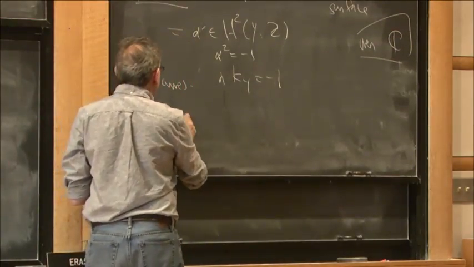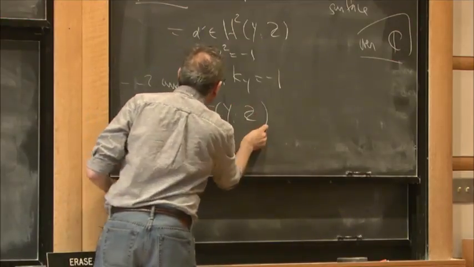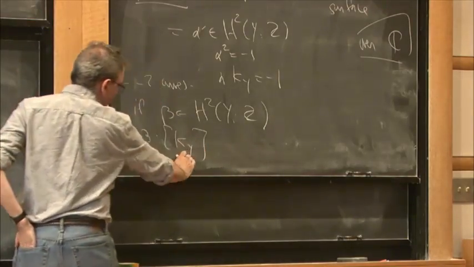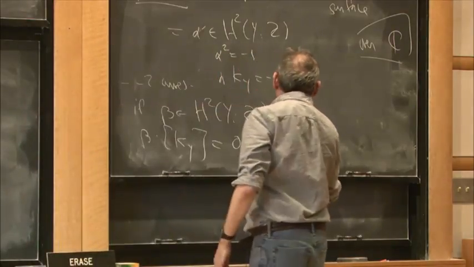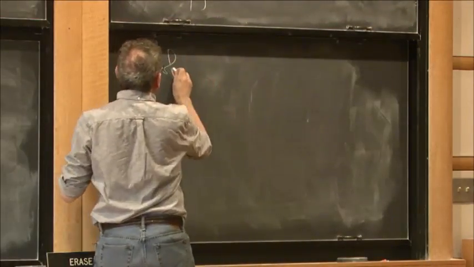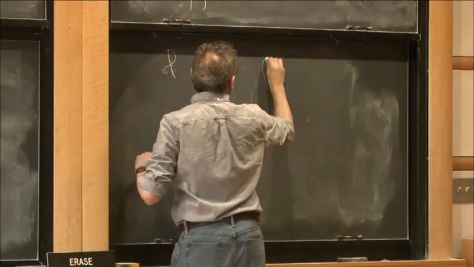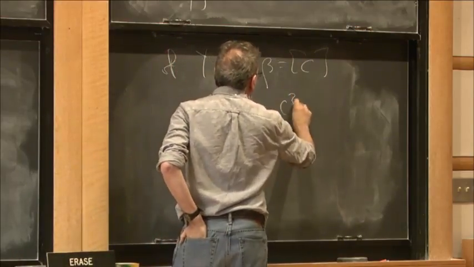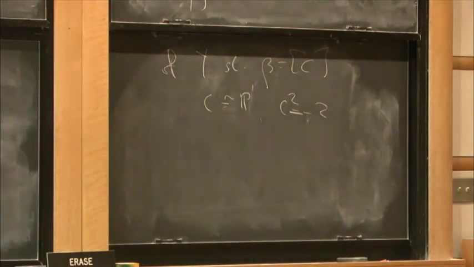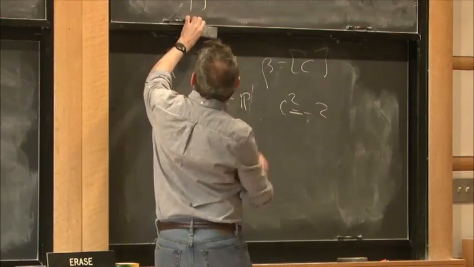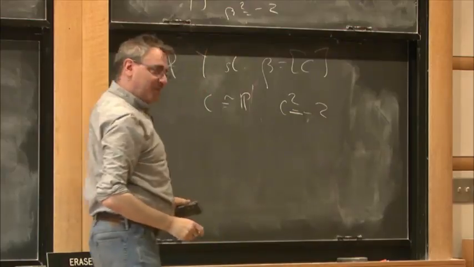If you have beta a class in H^2(Y, Z) and beta dot K_Y, so this just means the associated cohomology class, is equal to 0, then there's some deformation of Y such that beta becomes the class of a curve C, where C is isomorphic to P1, and therefore C squared is equal to minus 2. Right. So I should put that in.